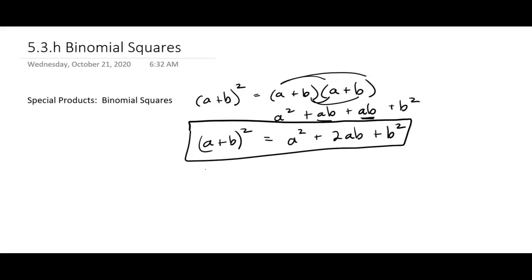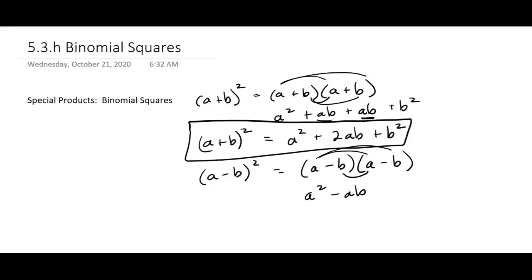And then they also give us one for a minus b squared. We could do the same thing: a minus b times a minus b. Then we'd have a times a is a squared. Then we'd get a minus ab, and another minus ab. And then a negative times a negative, which would be a positive b squared.